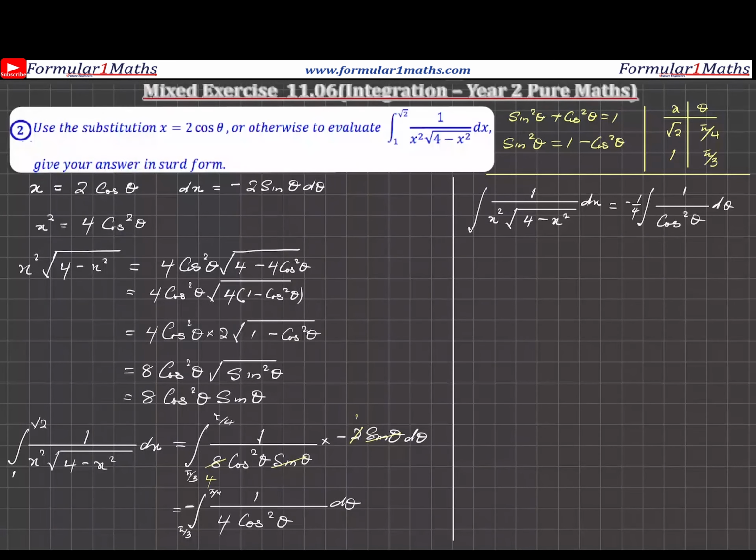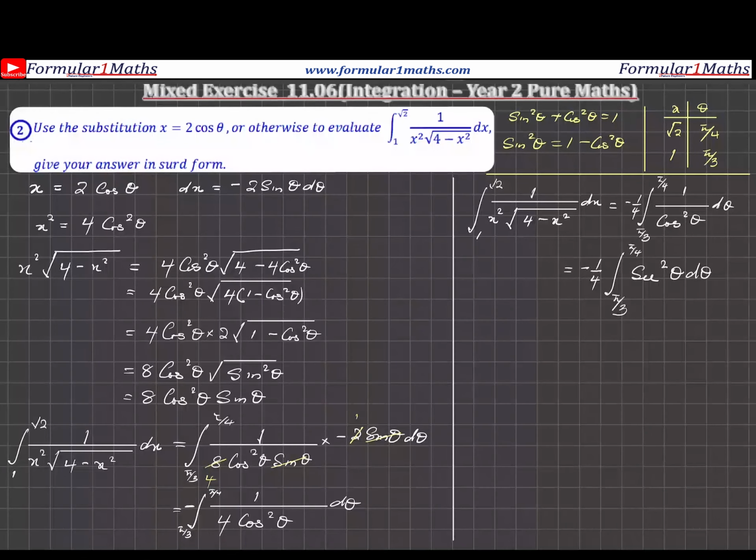So this becomes minus 1 over 4 integral of sec squared theta d theta. So if I put the respective limits in, I have 1 here and root 2 over there, and then pi on 4 here, and pi on 3 here, pi on 4, and pi on 3.